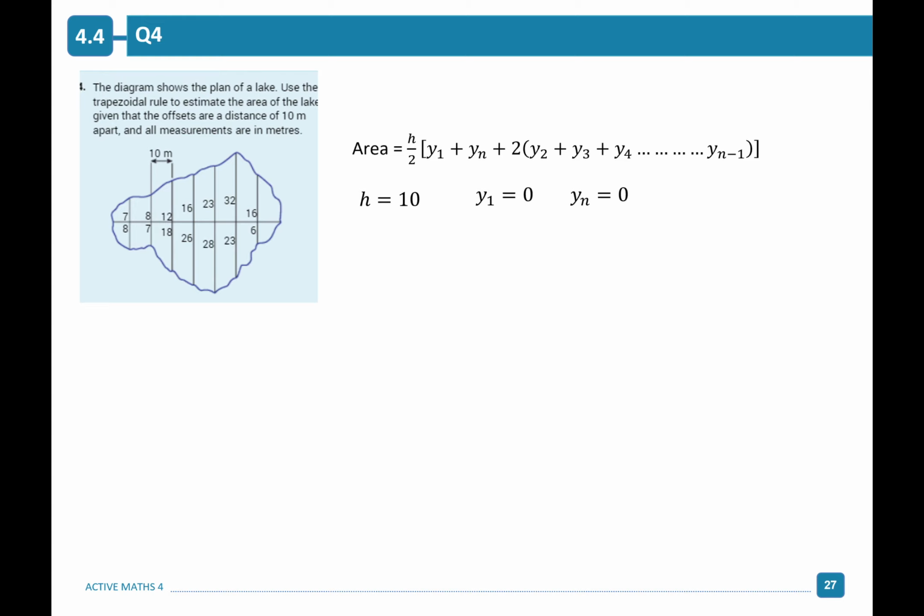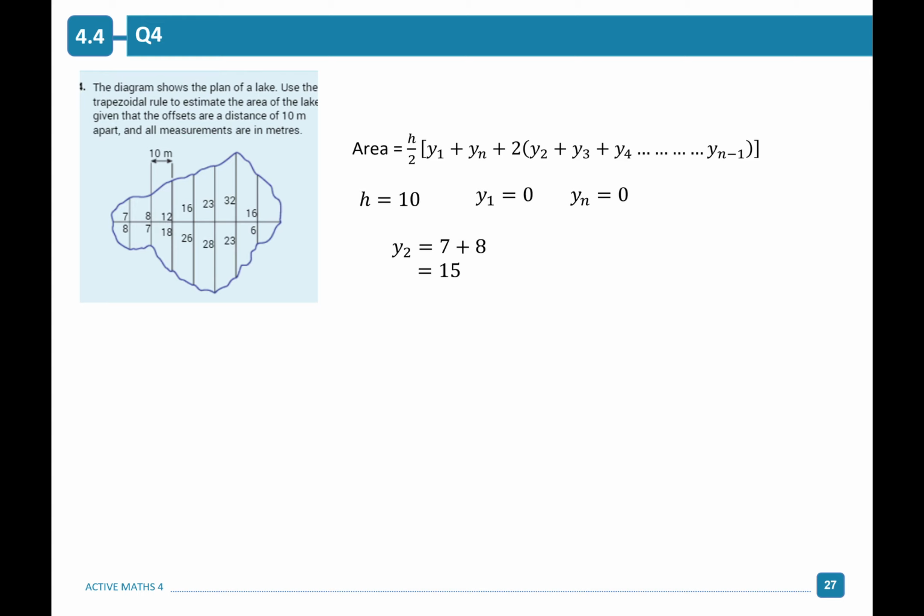And to find the heights in between, we have to add together the height that's above and below our x-axis, or above and below the line shown here. So that would mean that y2 is equal to 15, y3 would be equal to 8 plus 7, which is 15 as well. y4 will be equal to 12 plus 18, which is 30.